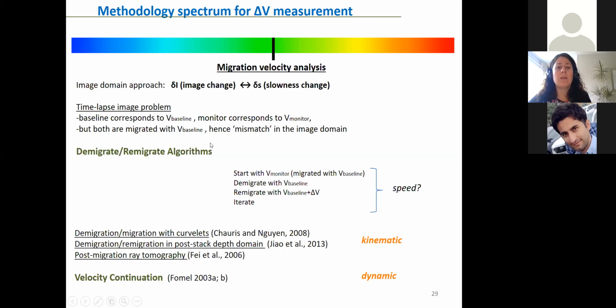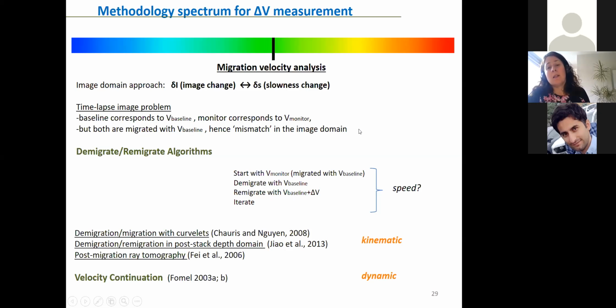So when we look at the time-lapse problem, I mentioned before that if you migrate your baseline and monitor both of them with V baseline, you will get a mismatch in the image domain.